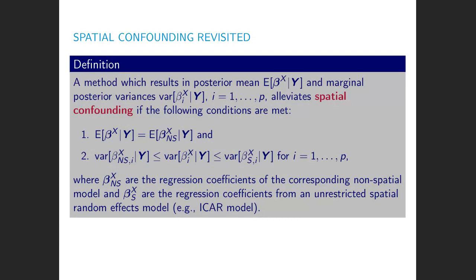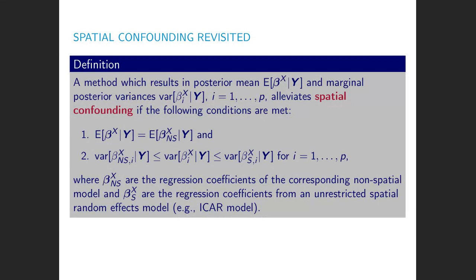The first condition is that the posterior expectation of beta x in the spatial model coincides with the marginal posterior mean in the non-spatial model.